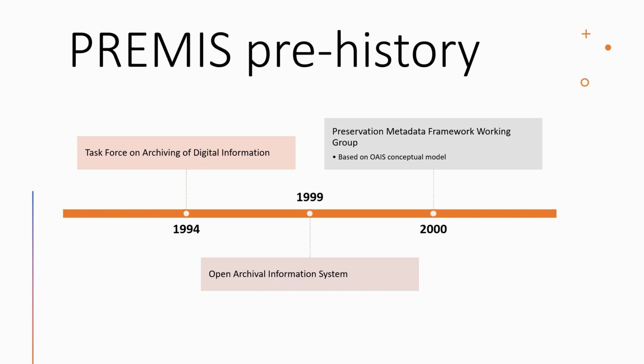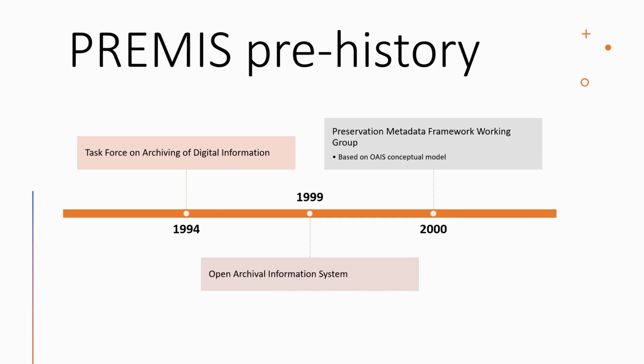Information professionals began adopting it, and soon after, the Online Computer Library Center, or OCLC, and the Research Libraries Group collaborated on a working group to create a preservation metadata framework from the OAIS reference model that would provide a broad, agreed upon, and shared framework that identified the types of information that should be associated with an archived digital object and could be implemented by anyone engaged in digital preservation.